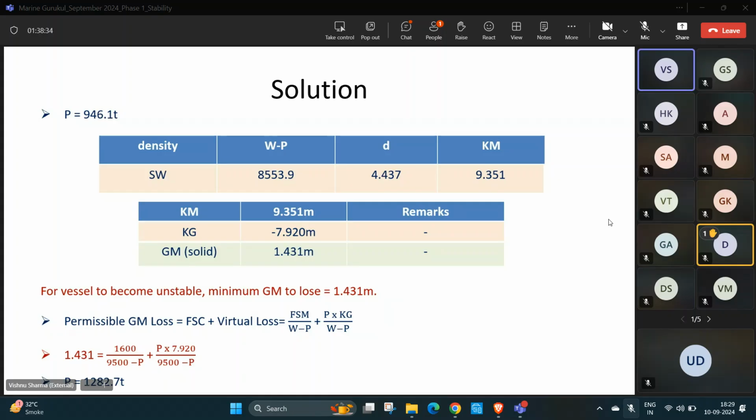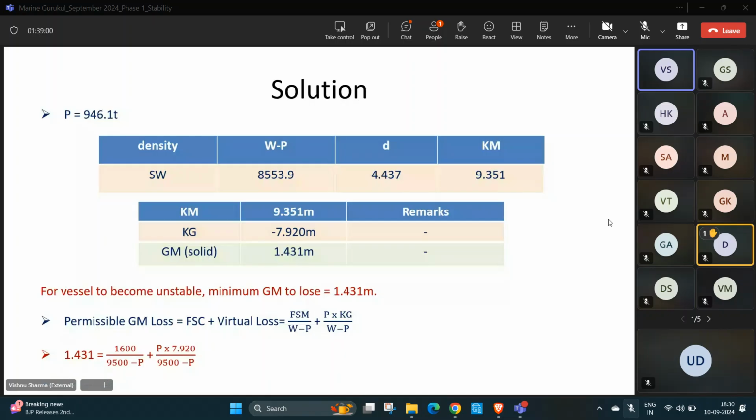P, but I have used both FSC and this. So if you're doing it only without FSC, then of course your answer will be slightly different from mine, but that's okay. After a single iteration, 1282.7.